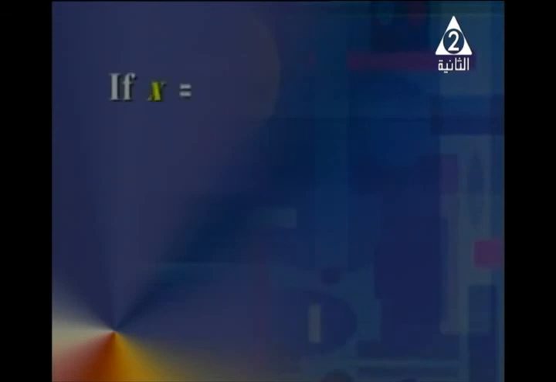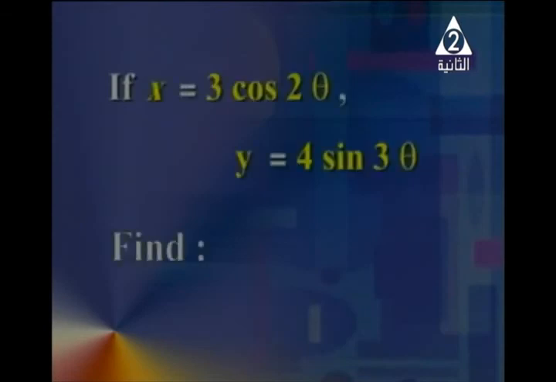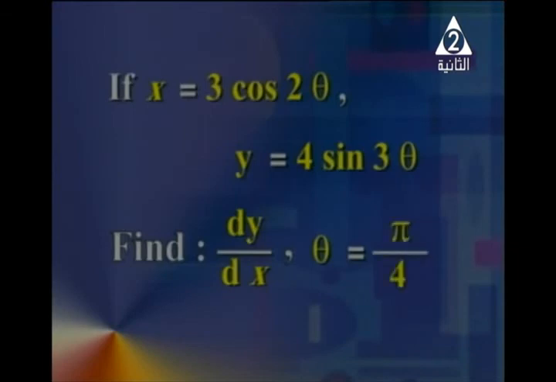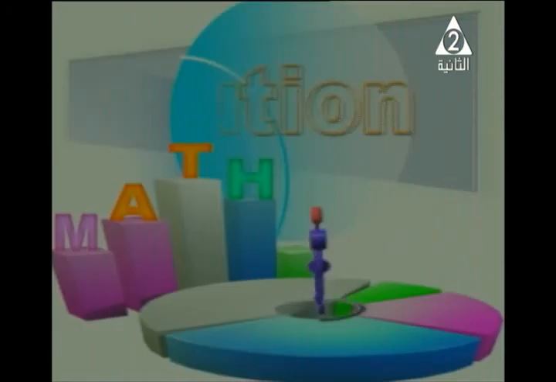If x equals 3 cosine 2 theta, y equals 4 sine 3 theta, find dy over dx at theta equals what? Pi over 4. What do you mean pi over 4? 45 degrees. Look at the solution.